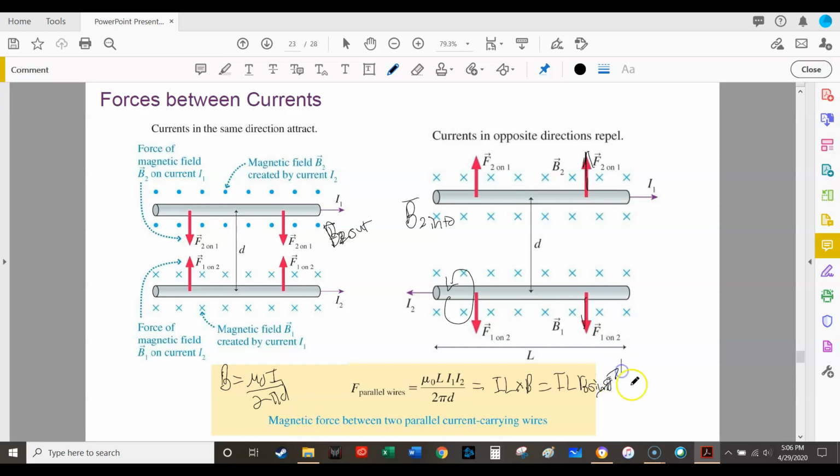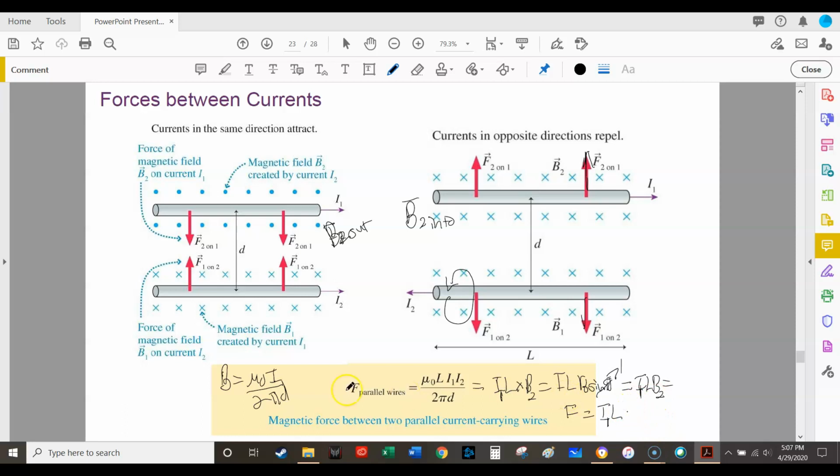So this is just going to be 1. So this is just ILB, which is going to be IL, and B is going to be mu naught. So I'll call this wire number 1 experiencing a force on it due to the magnetic field from wire number 2.